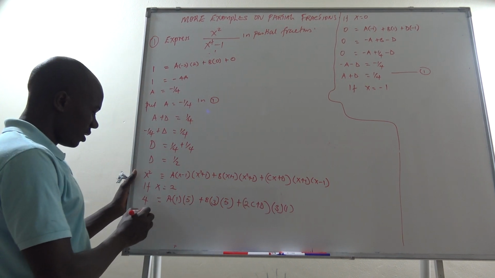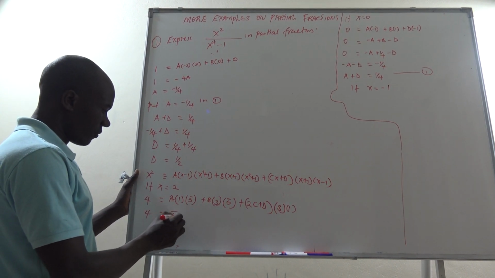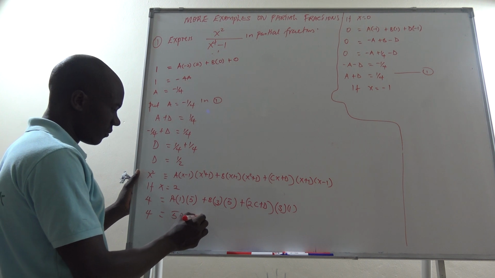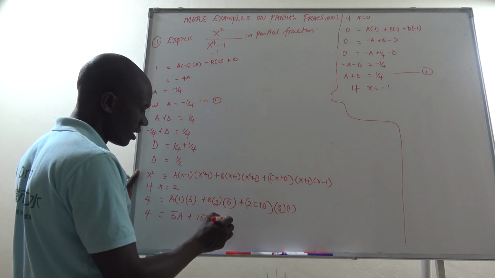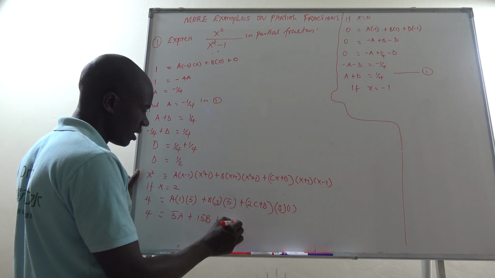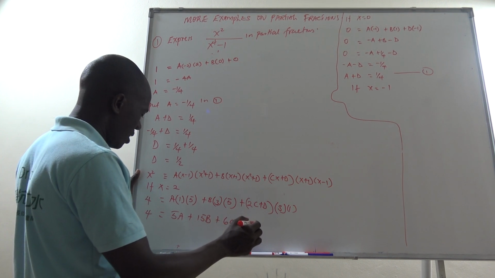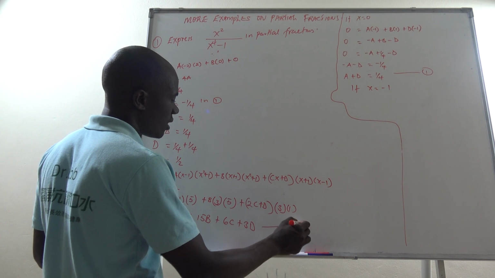So can we try to open this? Is 4 equals 5a plus 15b plus, this times this we are getting 6c plus 3d. I can call this one my equation star.